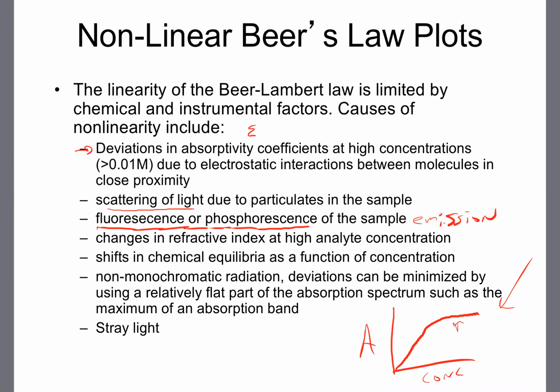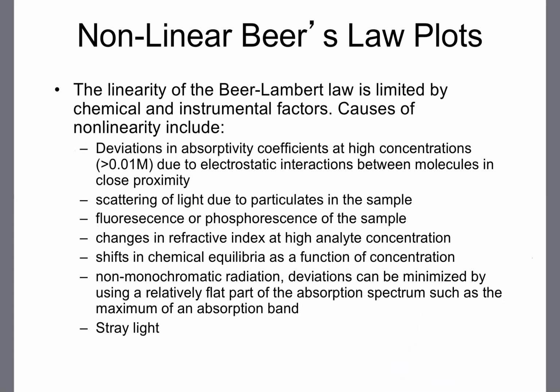And that light can be collected by your spectrophotometer and sensed, and that can cause all sorts of weird quantitative issues as well. Refractive index might change at high analyte concentration, and optical losses due to refraction would change accordingly. If you've got some kind of chemical equilibrium system, that can sometimes shift due to changes in concentration or pH or some other condition.